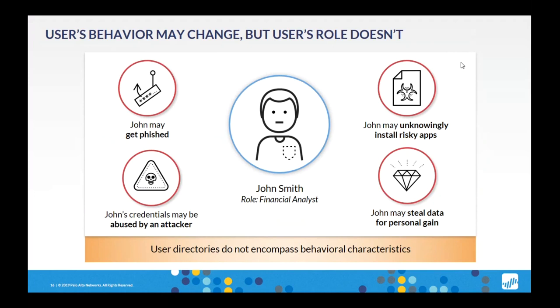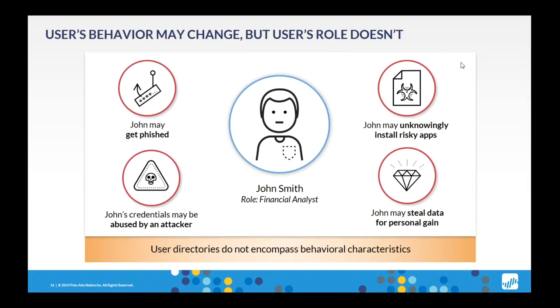Whatever activities he's doing will be monitored, and whatever impact is happening due to the attack will be recorded and he will be held responsible for it, but it will not change anything on the user directory or the user group.